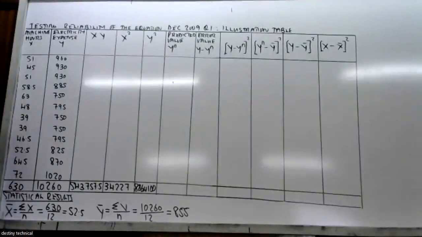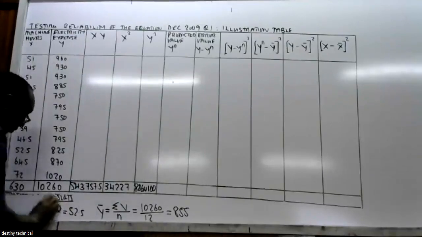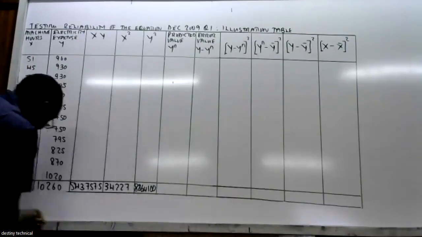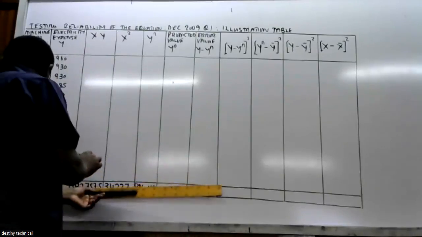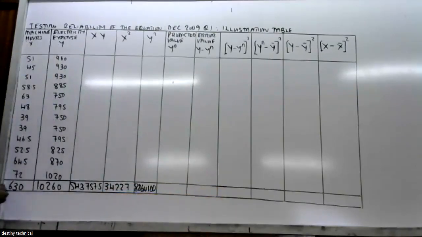Now from there, still as part of the regression results, part of the statistical results, we need to develop the equation. That is the next thing we need to do. I want us to get the value of b. The value of b is given as n, so we will not rewrite the formula because you already know it.